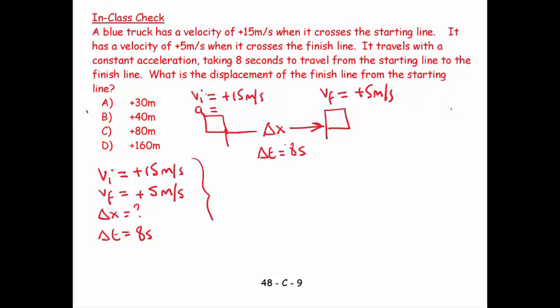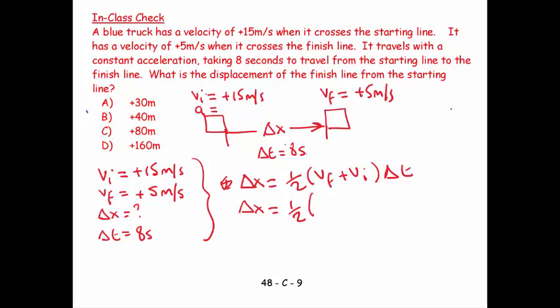Okay, delta X equals 1/2 (VF plus VI) delta T. Cool. So delta X, what I want, is equal to 1/2 (plus 5 plus 15) times 8.